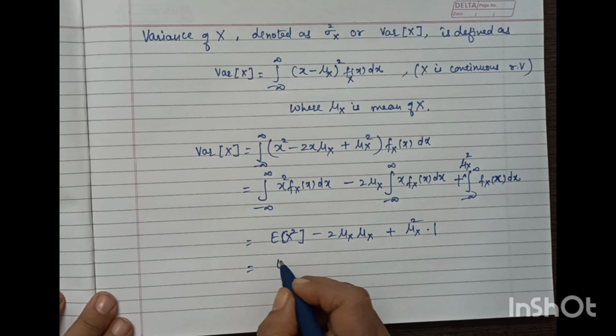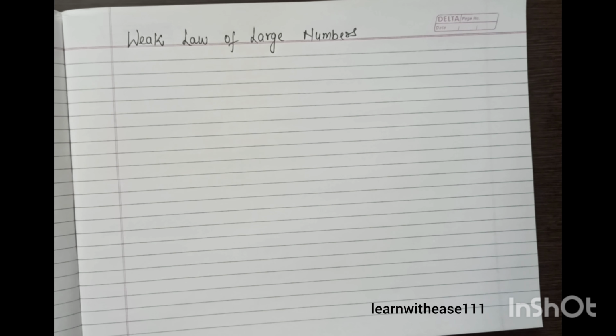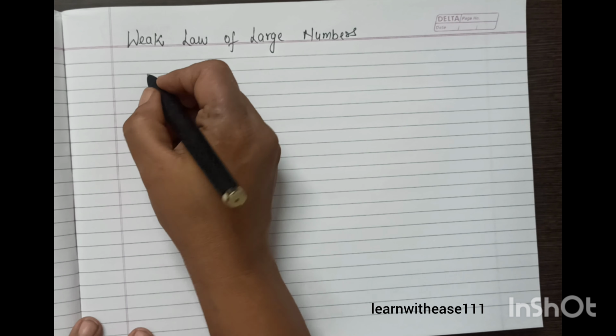So now coming back to the main topic, weak law of large numbers, the very first one is Markov's inequality.